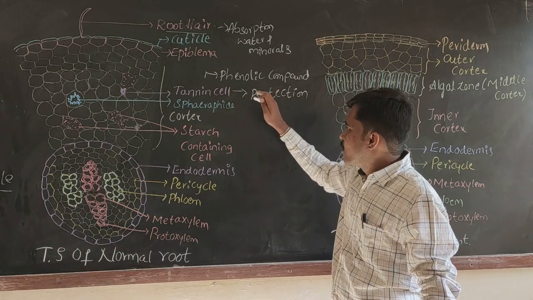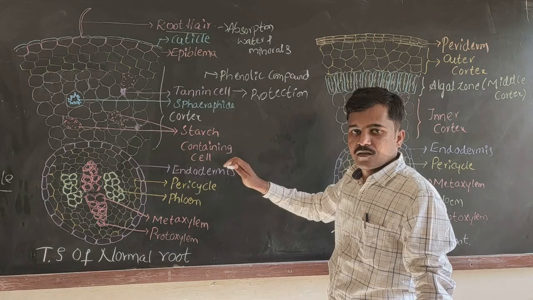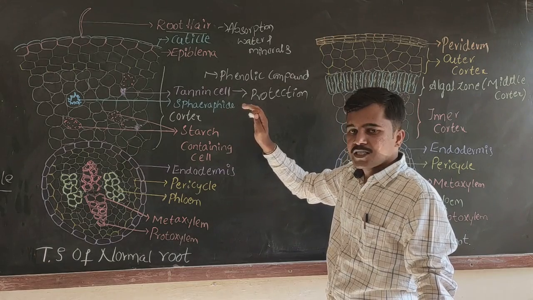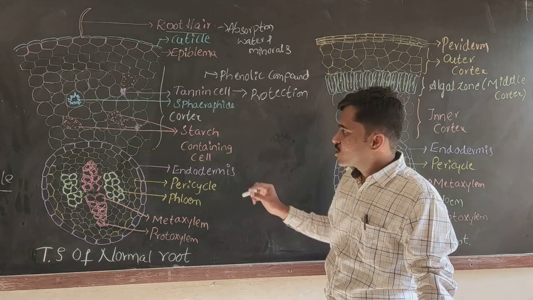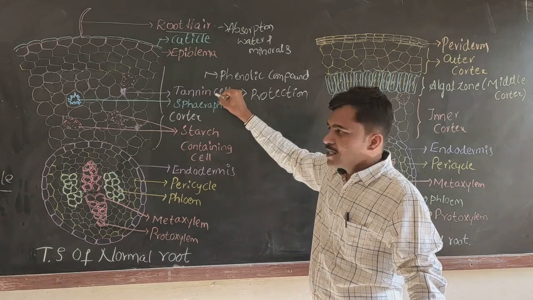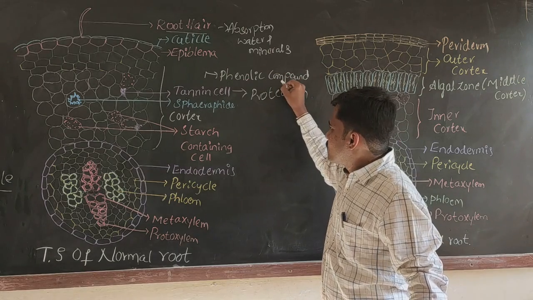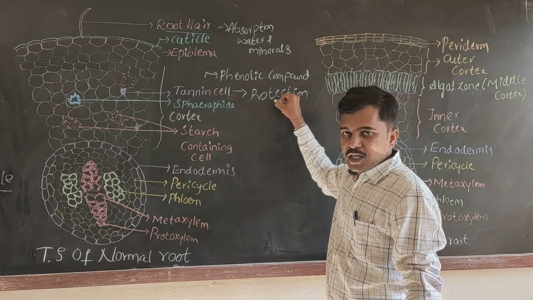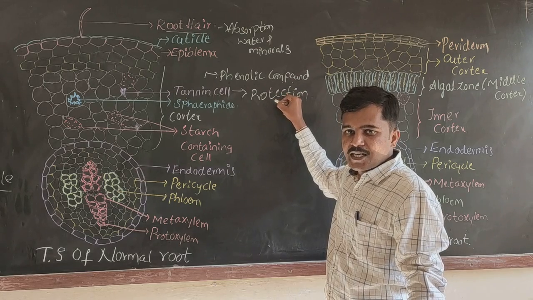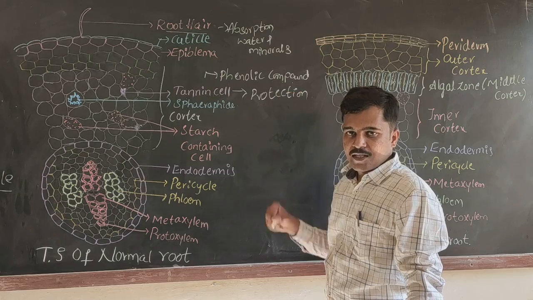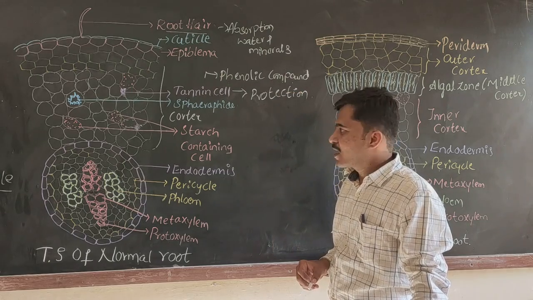So some of the cells in the cortex consist of tannins, which are phenolic compounds, and they help in getting resistance from the attack of bacteria and fungi.